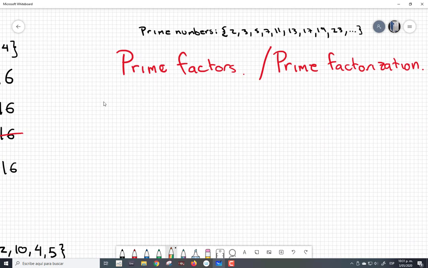So we can say that the prime factor of 16 is only the 2. Only the 2.